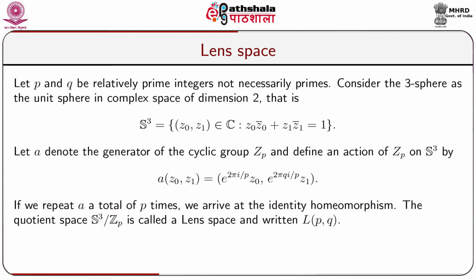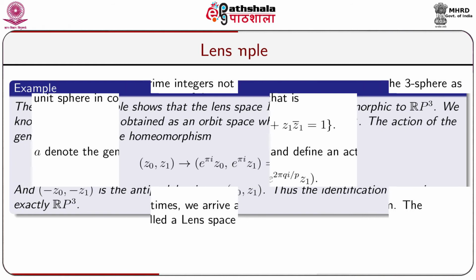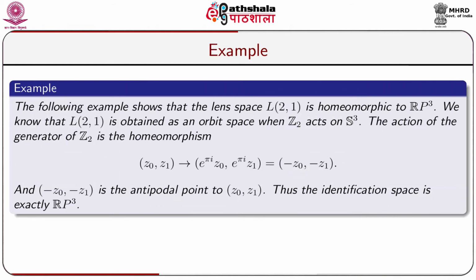The orbit space S3 by Zp is called a lens space, which we shall write as LPQ. We shall see later that LPQ is locally Euclidean of dimension 3. The following example shows that in fact L21 is homeomorphic with the real projective space of dimension 3.